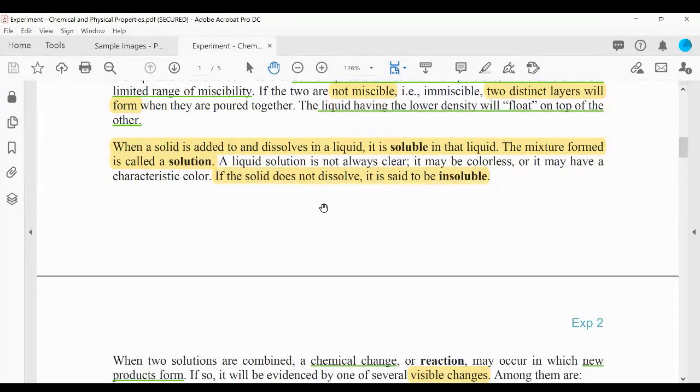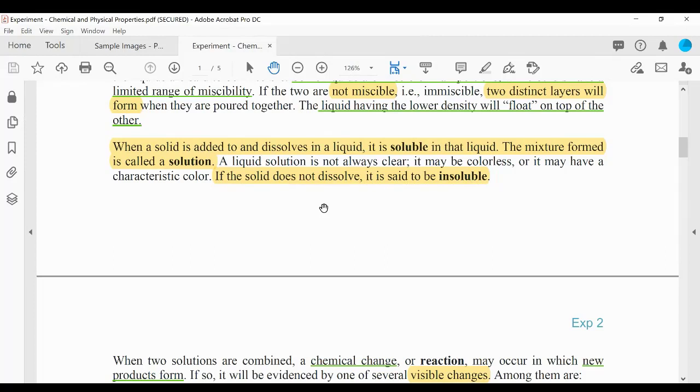Let's say that I add salt to water. How do I call that mixture of that solid that is dissolved in the water? I call it a solution. Get familiar with that term. You are going to use it a lot.